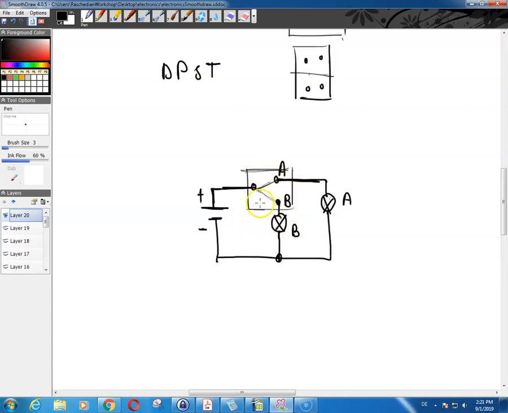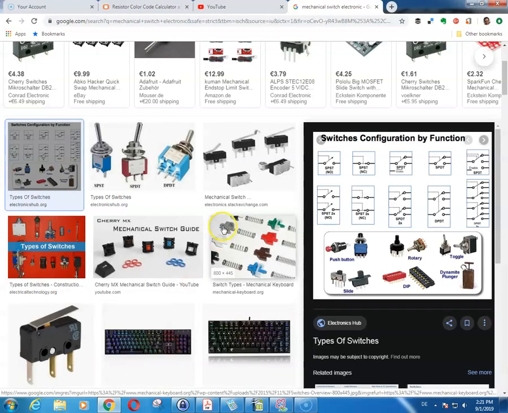So that basically means that your switch is something like this. This is a single pole double throw switch. You can either put it in this position to the right or to the left. If it's to the right, then this contact over here is connected to this contact here.